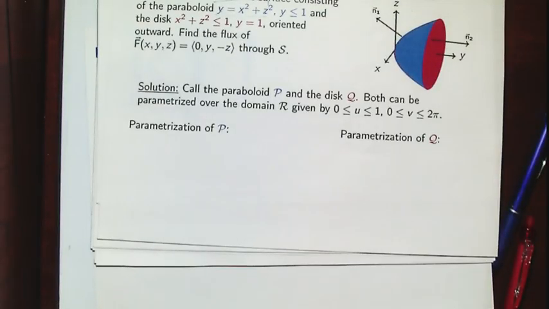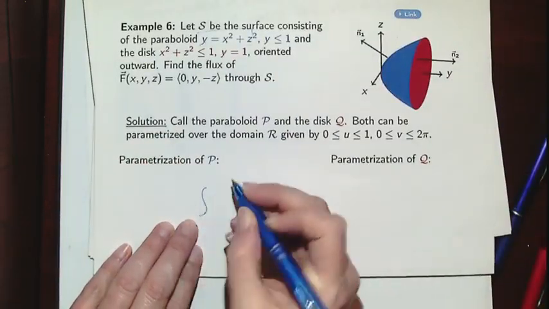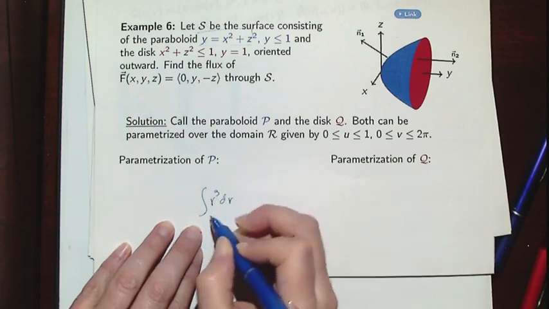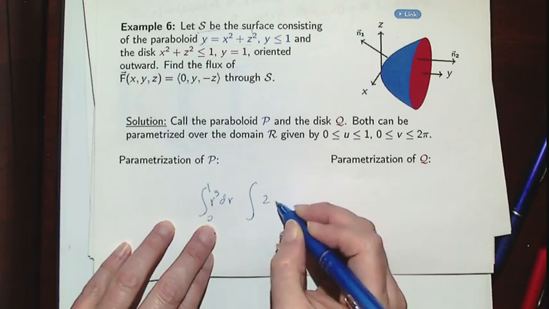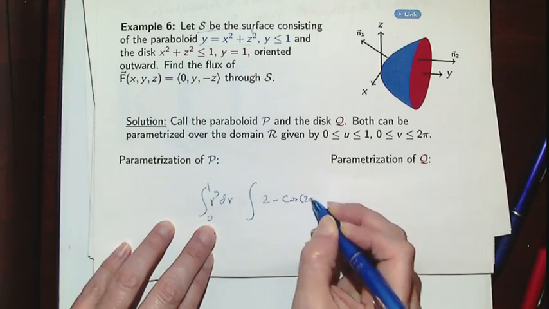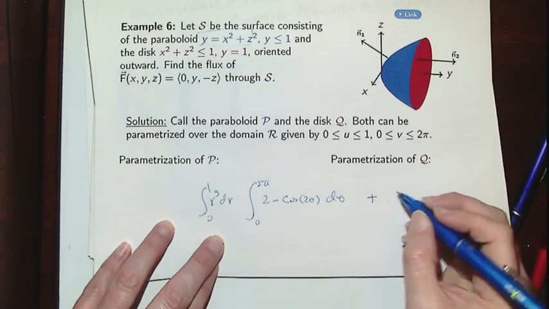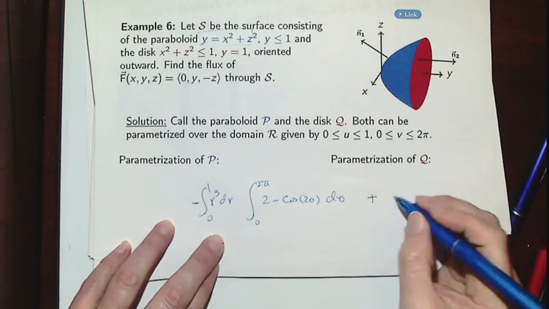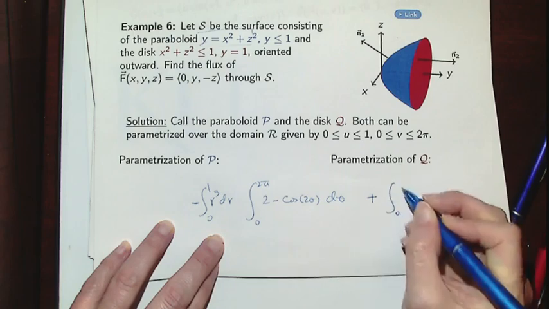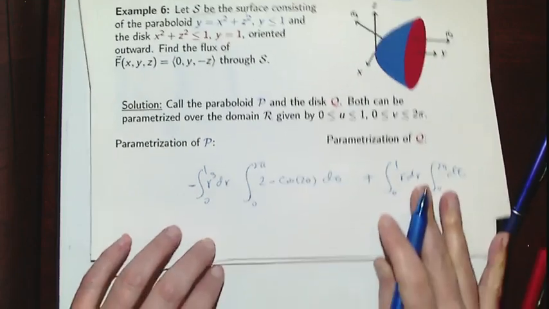Finally, what I get is integral r cubed dr, 0 to 1, 2 minus cosine 2 theta d theta 0 to 2 pi, plus, there was a negative sign here, sorry, plus 0 to 1 r dr, 0 to 2 pi d theta.